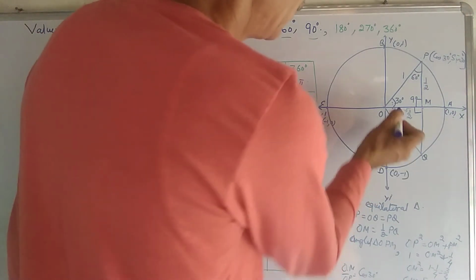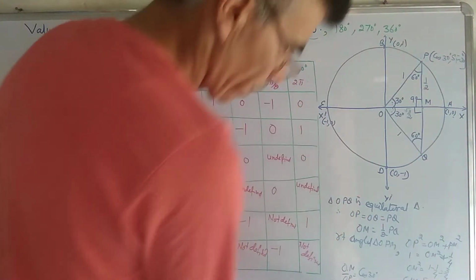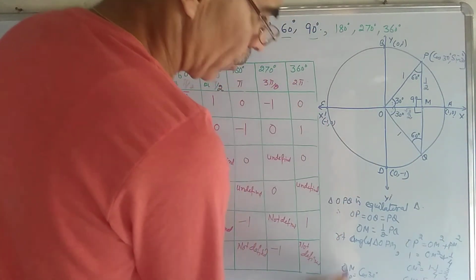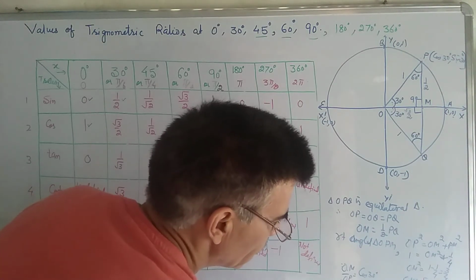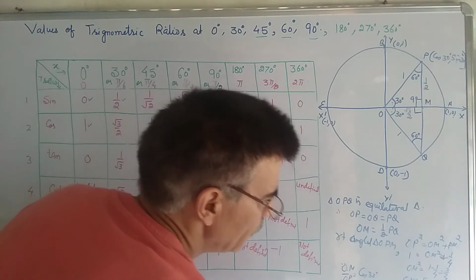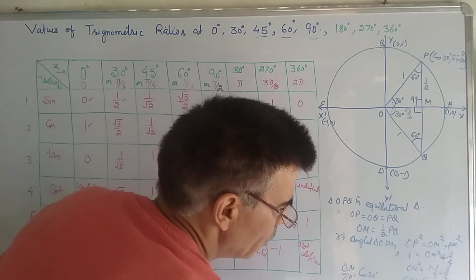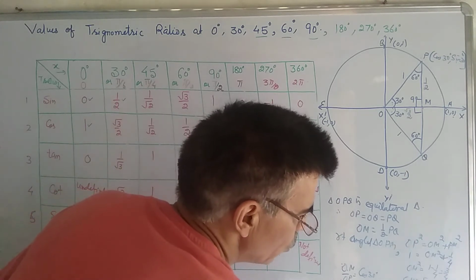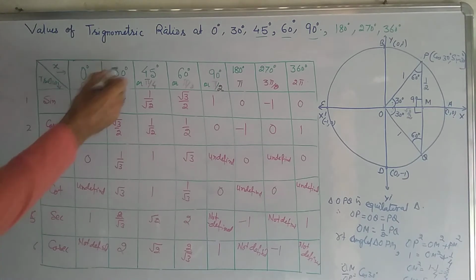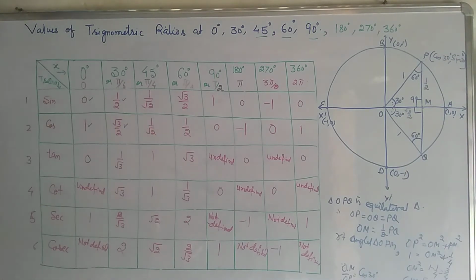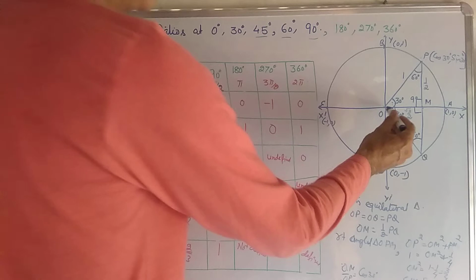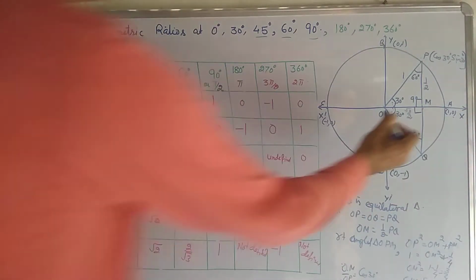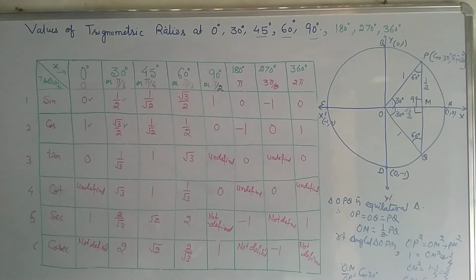And cos 30 degree is OM upon OP. OM is root 3 by 2. Therefore, cos 30 degree is root 3 by 2 over 1, which means root 3 by 2. See here, cos 30 degrees is root 3 by 2.